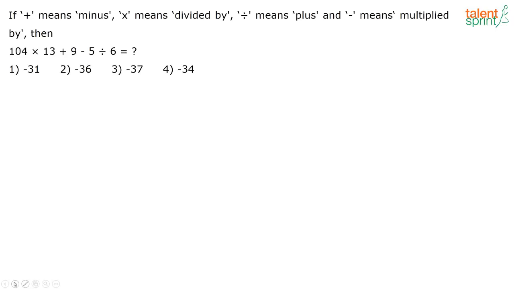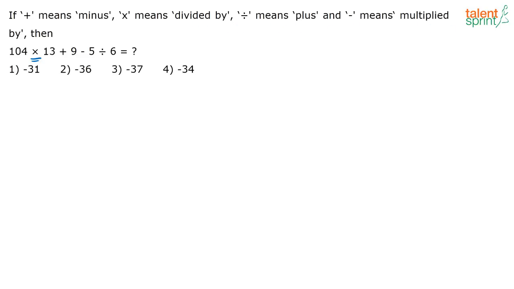What is the answer for the next question? So, Chinnu says the answer for this question is minus 31. Kishore says minus 31. So here what have they done? See, instead of plus, it means minus, multiply means divided by, divided by means plus, minus means multiplied by.